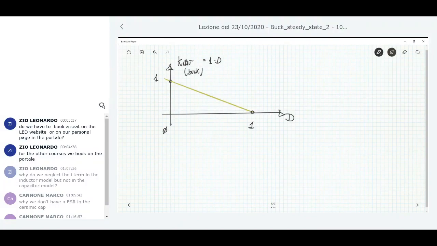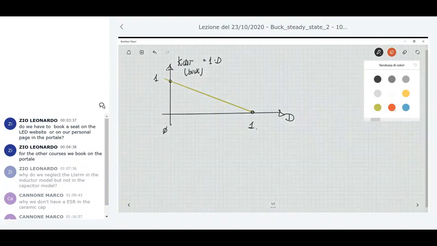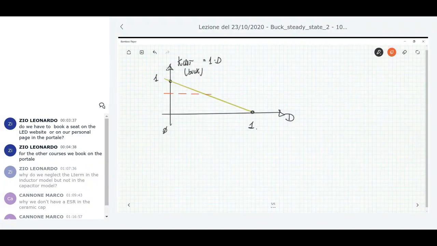Okay? So let's have, for example, K, which is 2 L f_s over R, that has this specific value. So K is in between 0 and 1.